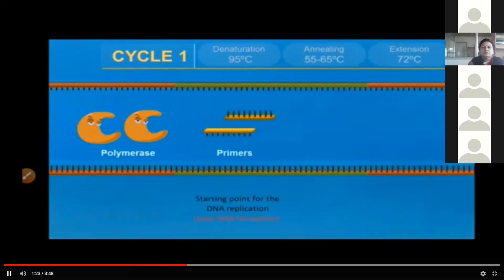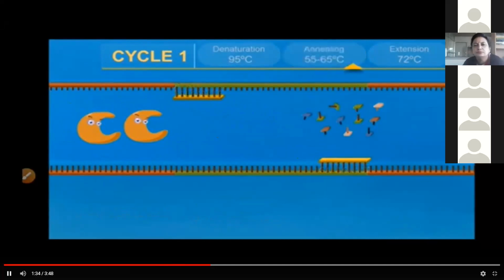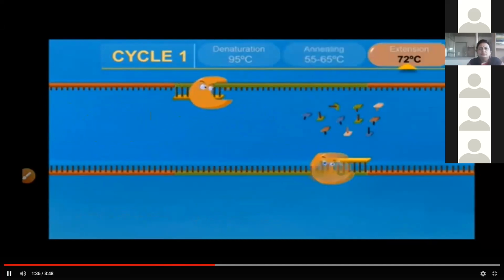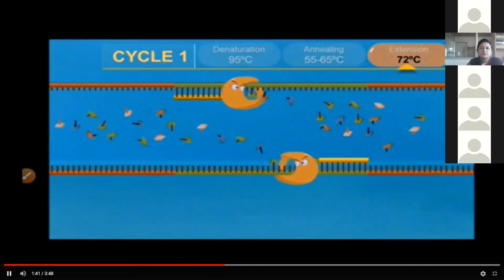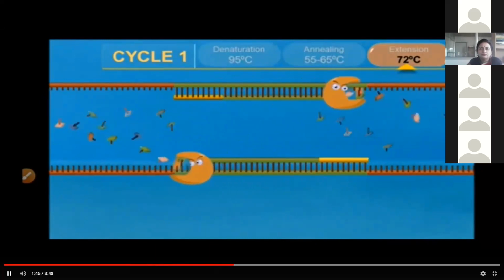Then comes the second step, annealing. Annealing means attachment of primer. We have two primers, forward primer and reverse primer. We reduce the temperature to 55 to 65 degrees Celsius and attach the primer. Then comes the third step, extension, which is done at 72 degrees Celsius for 1 to 2 minutes.